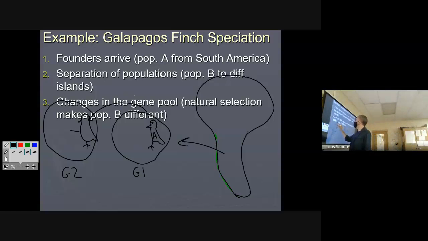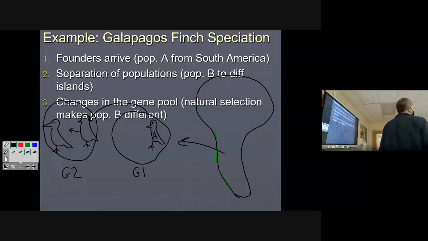So what happens is gradually, or actually fairly suddenly is the way it actually happened, those A birds get significantly bigger beaks. Because all the little beak birds die.